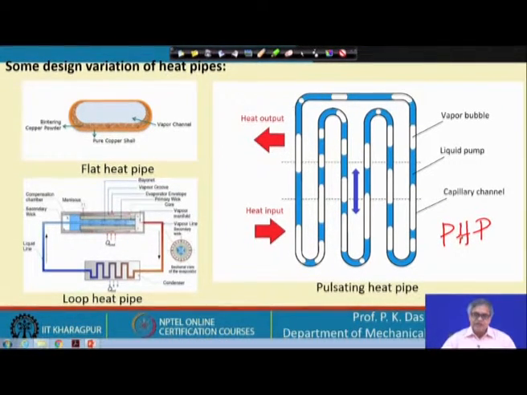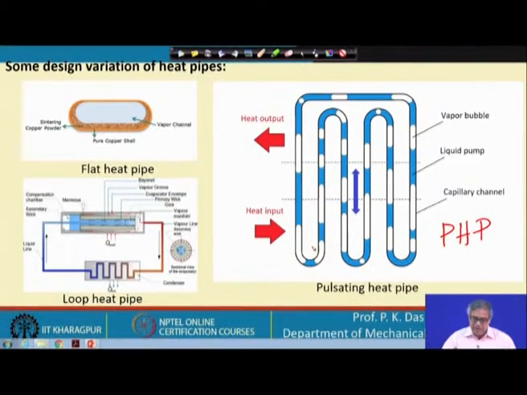There is a kind of meandering or serpentine loop, and through this loop there will be alternate liquid plugs and vapor slugs, and there will be some sort of a pulsation, as you can understand.